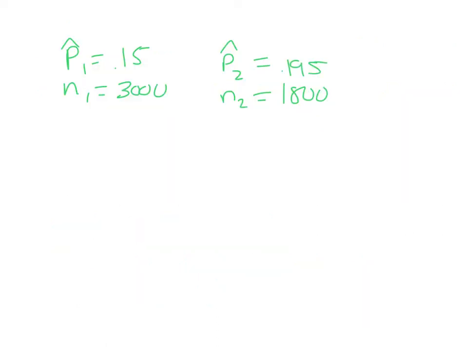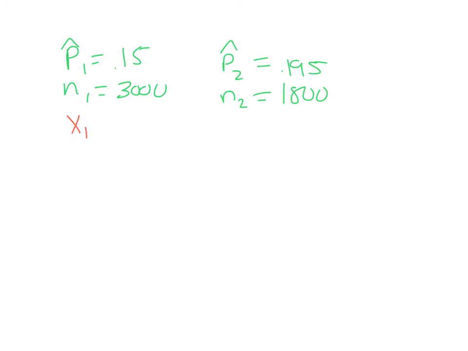We know from the intro to this example that our p1 hat was 15%, and our sample size for that one was 3,000. I'm going to call this next variable x1, and that's how it's going to be listed on your calculator.